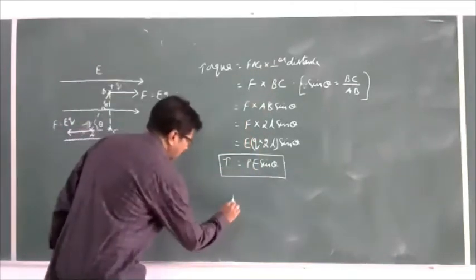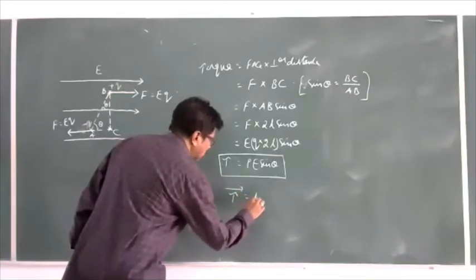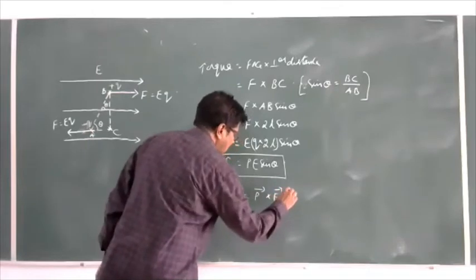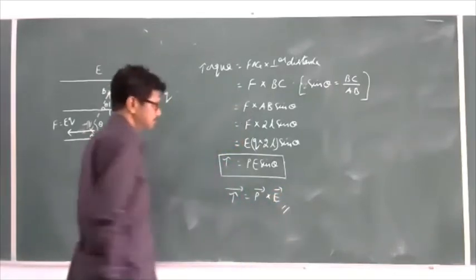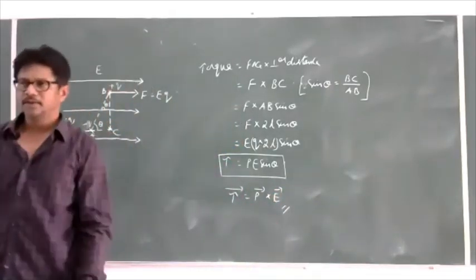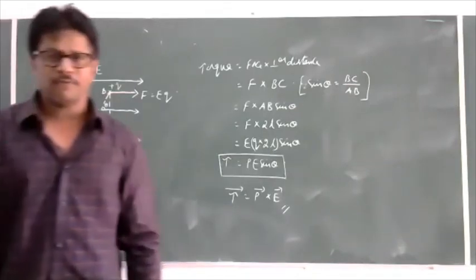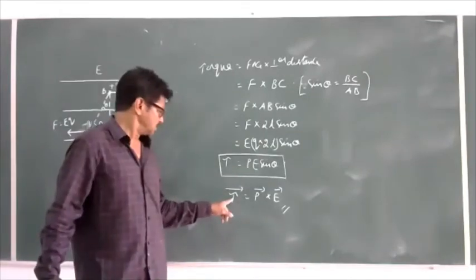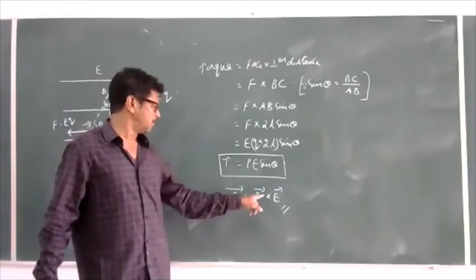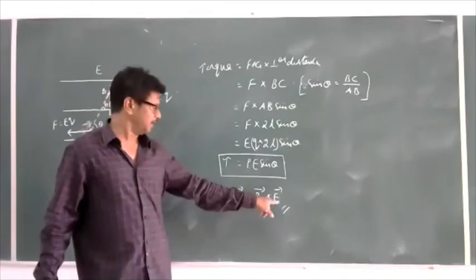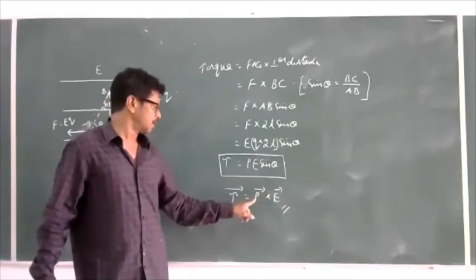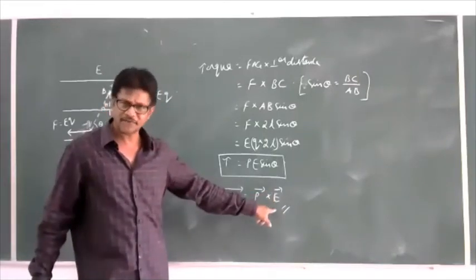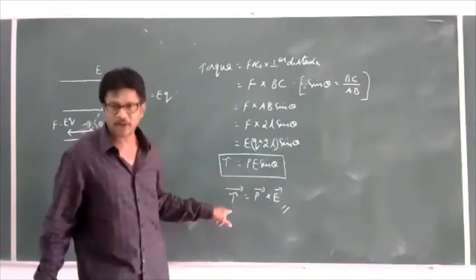In the same manner, tau bar is equal to P bar cross E bar. That is the vector way of expressing torque. If you do the cross product of the dipole moment vector and the electric intensity vector, we get the torque.